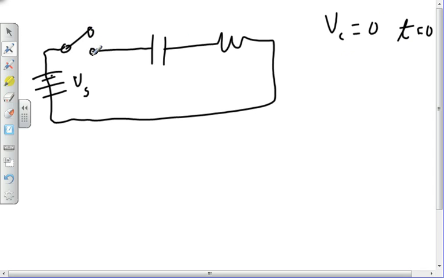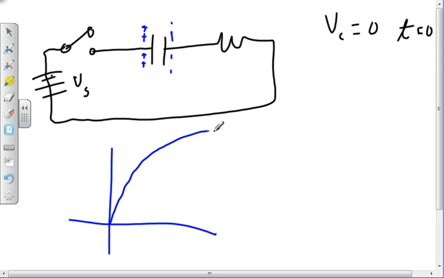I drop the switch. Current is going to be limited by the resistor, but I'm going to start building up positive charge on my capacitor, and negative charge is going to be showing up on the other side of the capacitor, and I'm going to charge on a path that looks like that. I'm going to be 63% complete on my charge in one time constant, and my time constant is going to be RC.